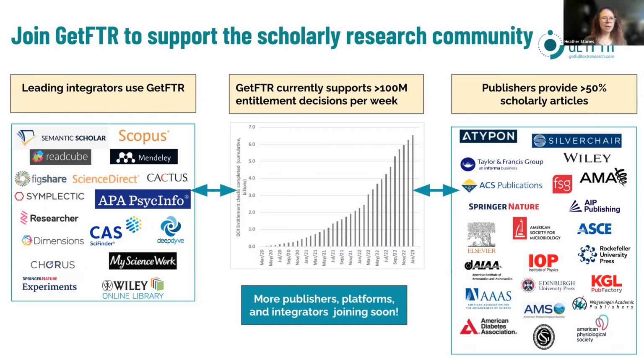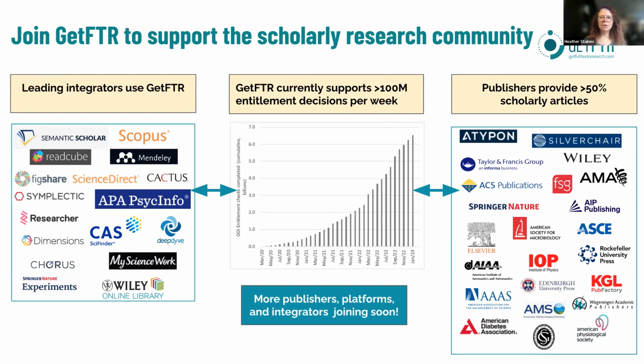You can see the other Digital Science suite of products there, a number of Elsevier properties, discovery services by the founding publishers, including Springer Nature Experiments, the Wiley Online Library, and CAS SciFinder, as well as some A&I services that have come on board recently: APA PsycInfo, Deep Dive, My Science Work. Different integrators are adding all the time.